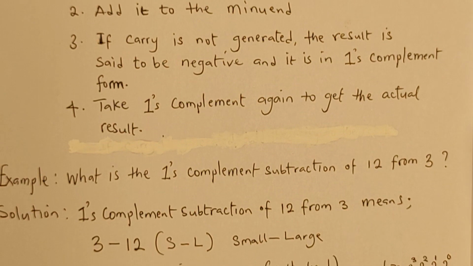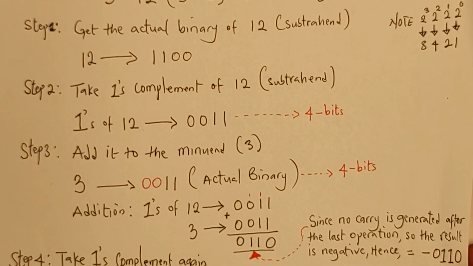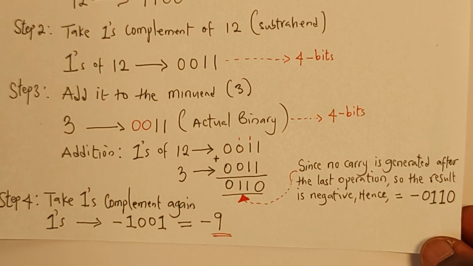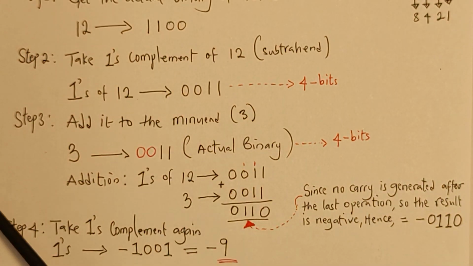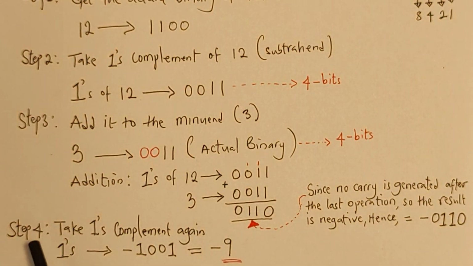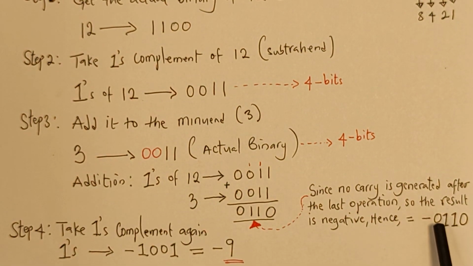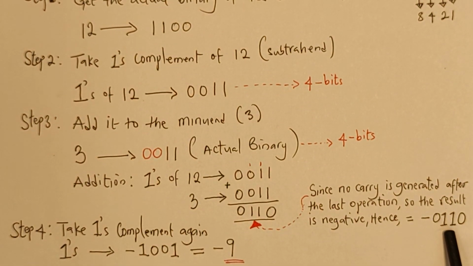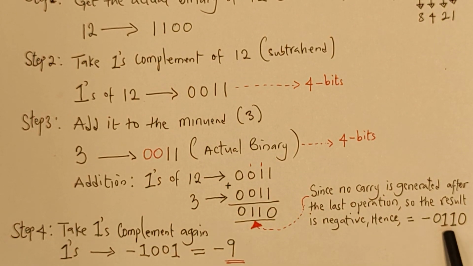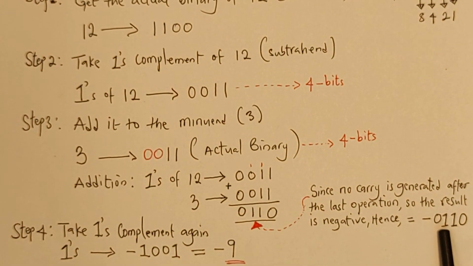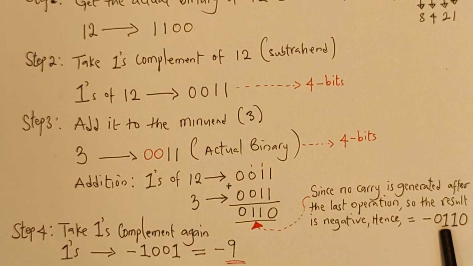Let's go straight to the final part. Step 4 says take 1's complement again. We're taking the 1's complement of this result. Complement means taking the inverse of the result we have gotten in order to get the actual result.